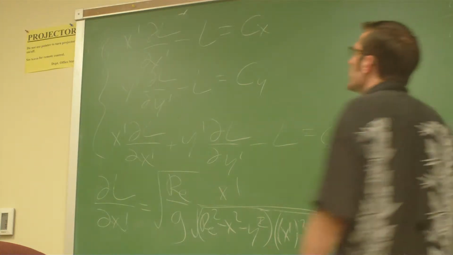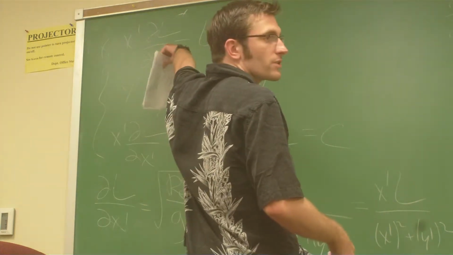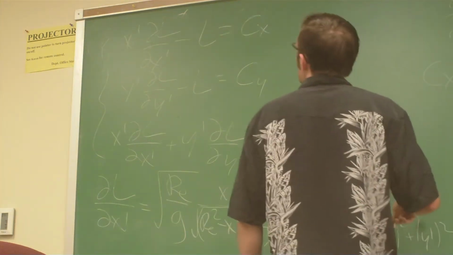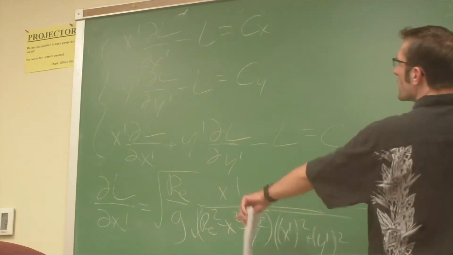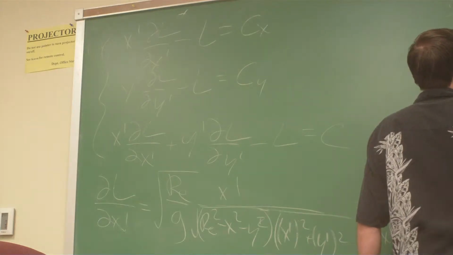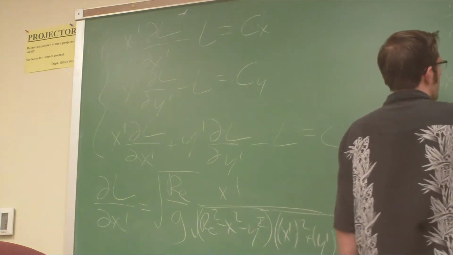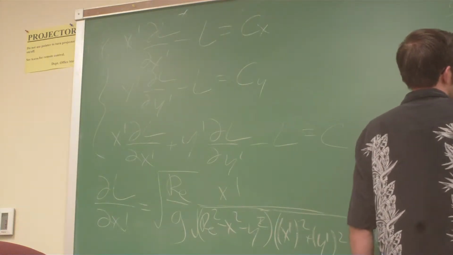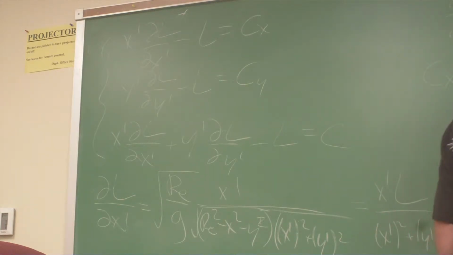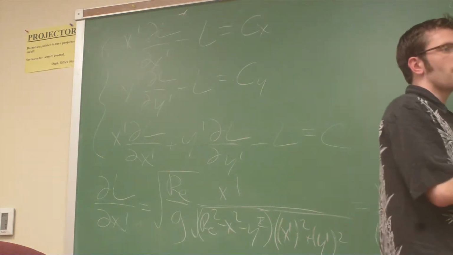Okay, so let's go ahead and plug this into our first one for Cx. Well, we end up with x prime squared L over x prime squared plus y prime squared minus L. And let's bring it all under the same common denominator.